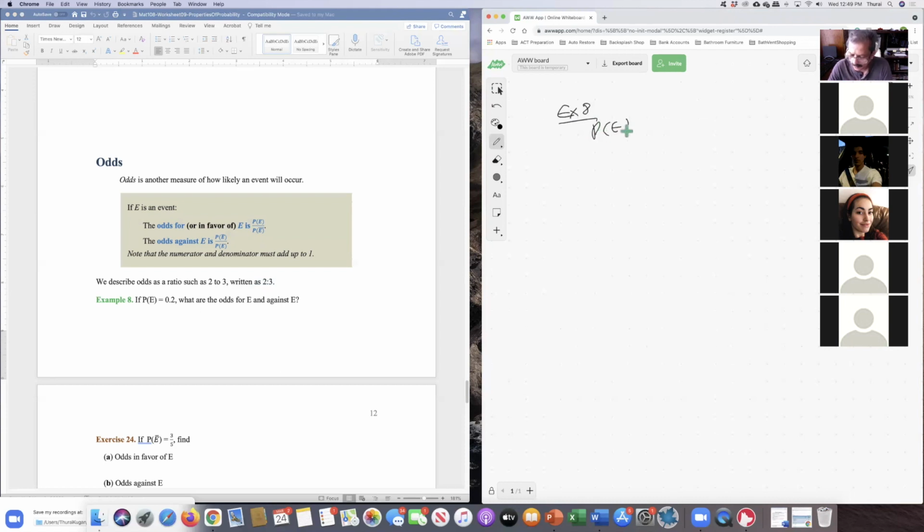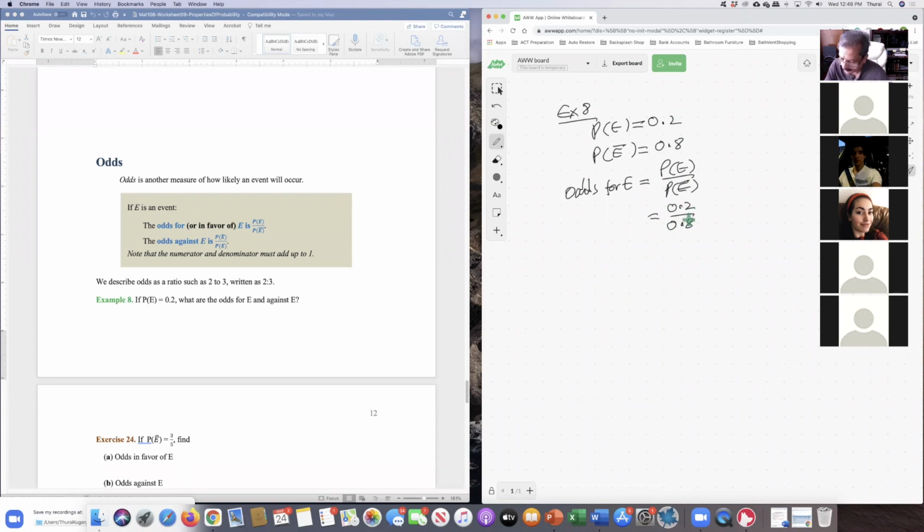Probability of E is 0.2. To be able to figure out the odds, I need the probability of E bar. What is that? Anybody? 0.8. So odds for E would be the probability of E divided by the probability of E bar, which is 0.2 over 0.8.